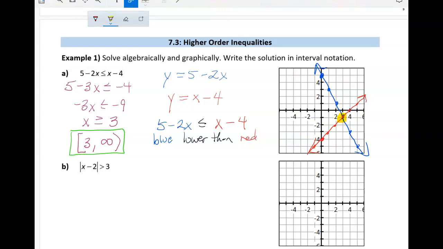So what you're going to notice is that if we head to the right of 3 and just look at this portion of the graph right here, you'll notice that the blue graph sits below the red graph. And so what interval is that? That's the interval starting at 3 on the left and heading toward positive infinity.